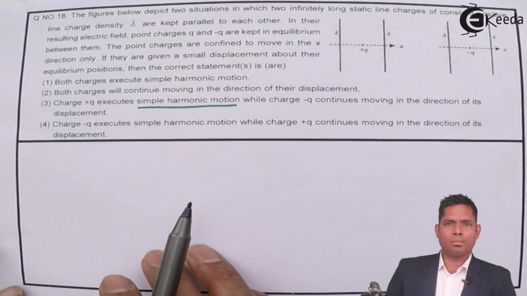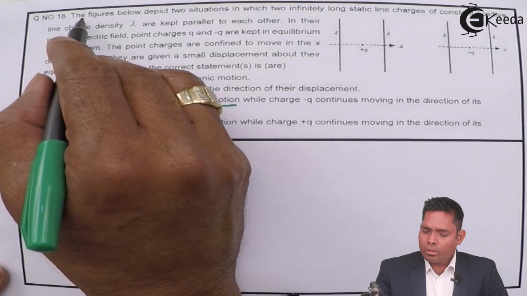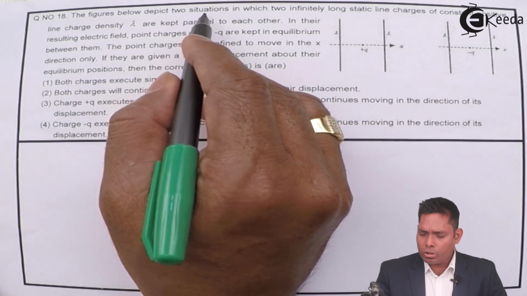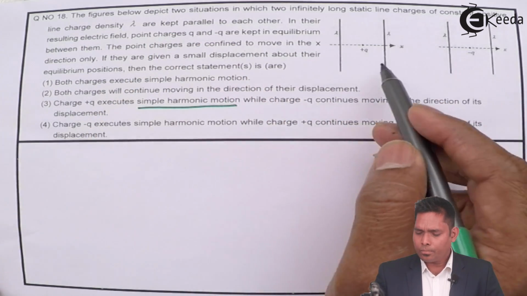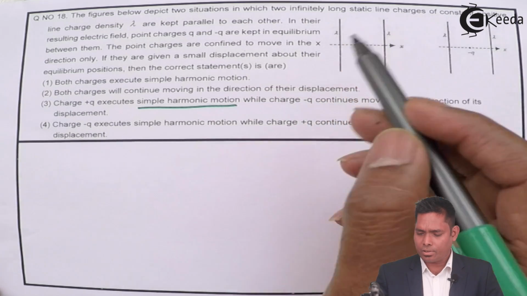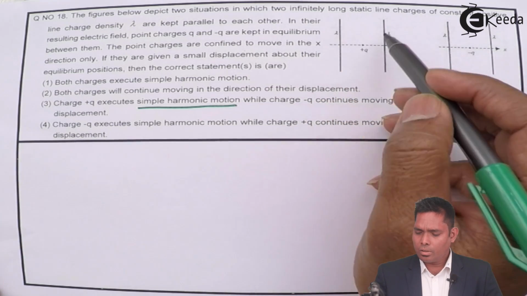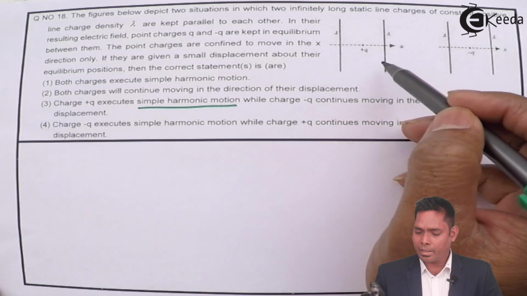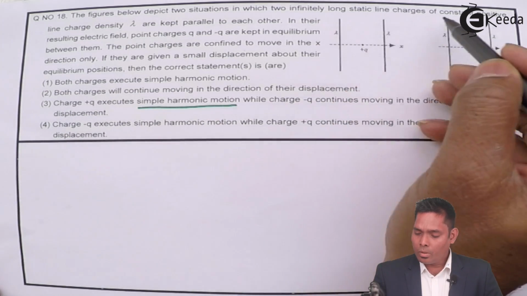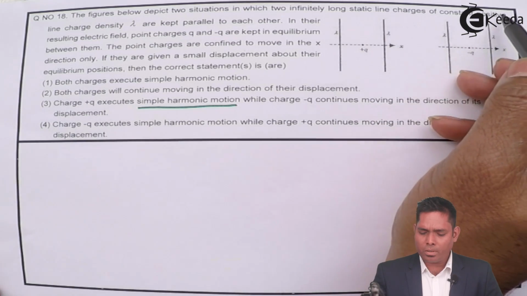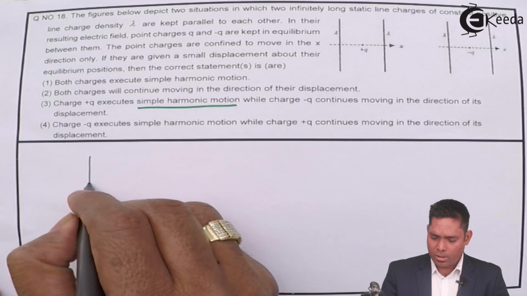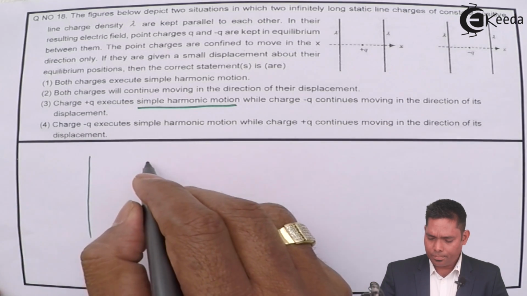electrostatics and SHM combination. The figure below depicts two situations, you can see here, in which two infinitely long static line charges. So these are the infinitely long static line charges. This is situation 1. This is another situation of constant positive line charge density lambda. So we have a situation like this.